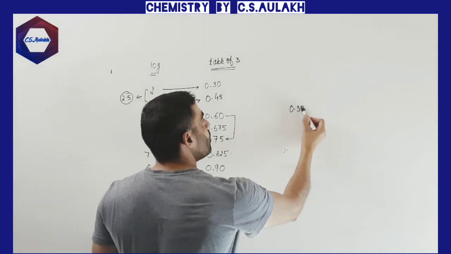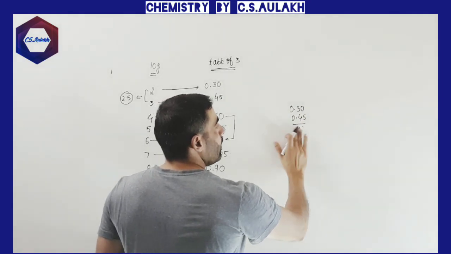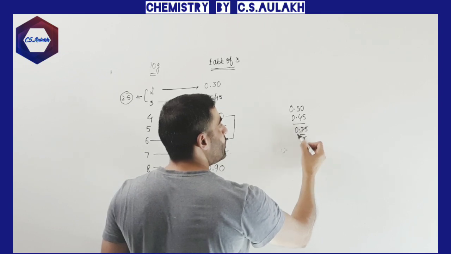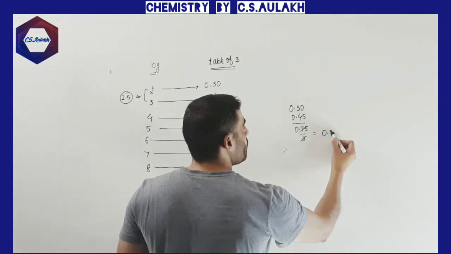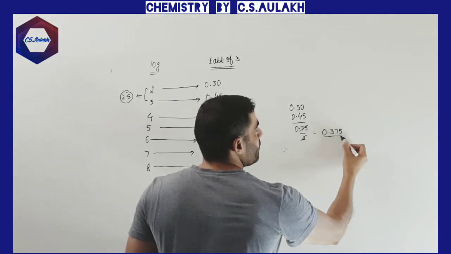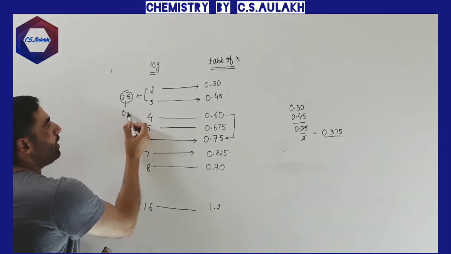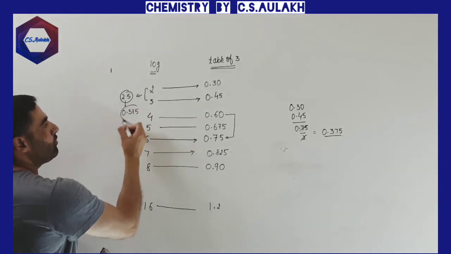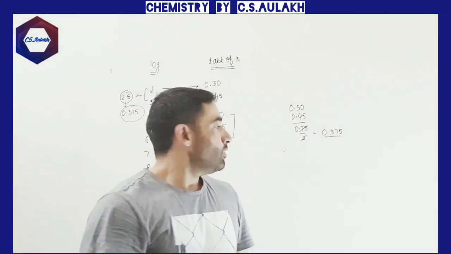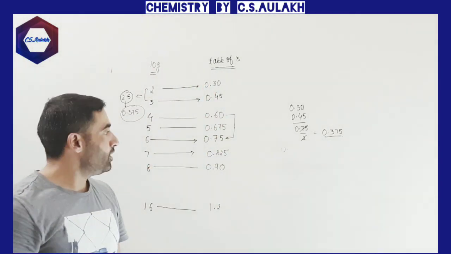So the sum is 0.75, divided by 2, and if we calculate its value, it will be 0.375. So the value of log 2.5 will be 0.375. For the simple numericals, what I have determined here is more than sufficient.